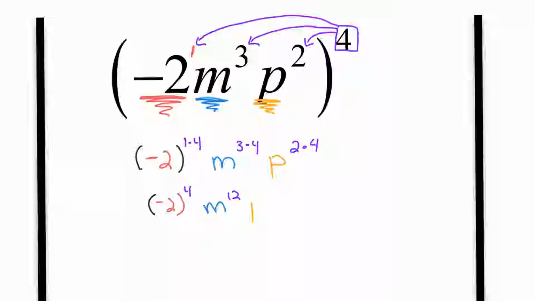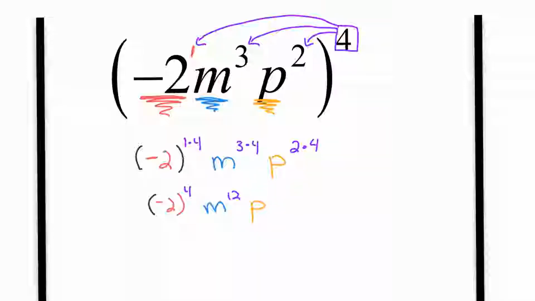And then I have p, and 2 times 4 is 8. So notice what I'm doing right now. I am multiplying the exponents. 1 times 4 is 4, 3 times 4 is 12, and 2 times 4 is 8. Let me change that to purple.